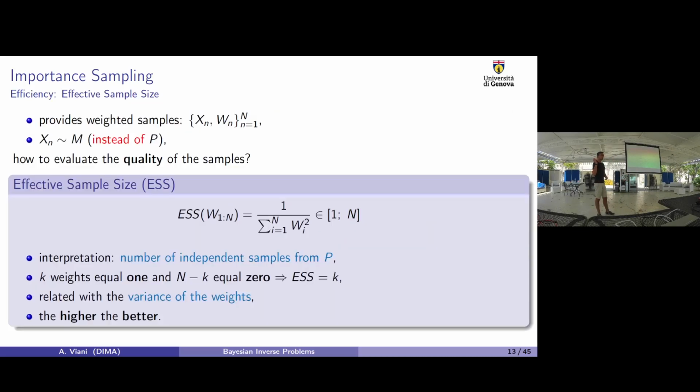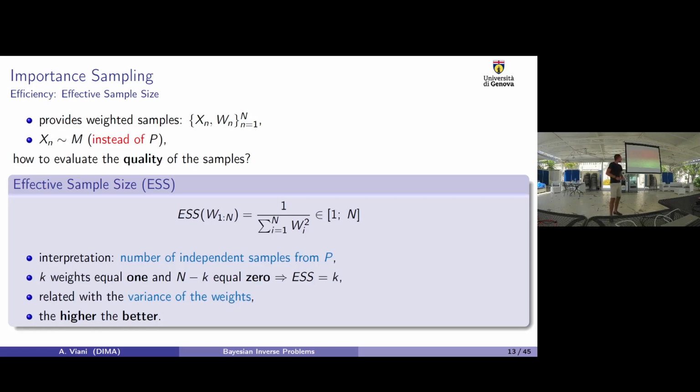The weights can be different from 0 and 1, can be 1 half. Yeah. But in fact, this is just an intuition of what the ESS is. For example, sometimes the ESS is considered good if it's higher than half of the samples. And what do you say about the independence before?